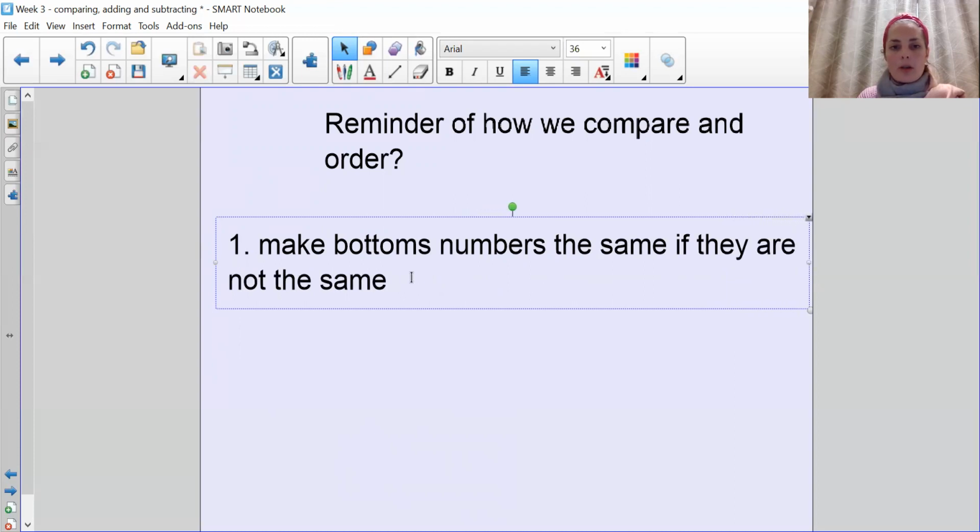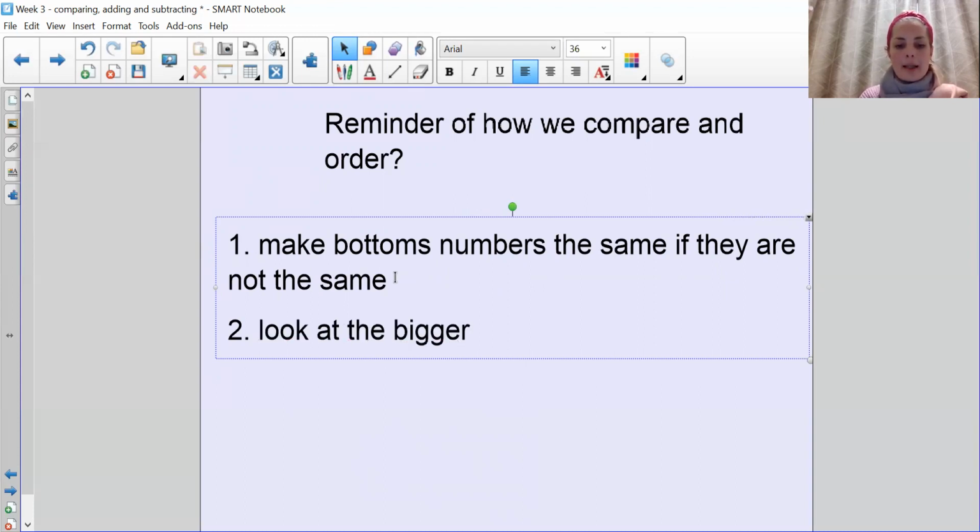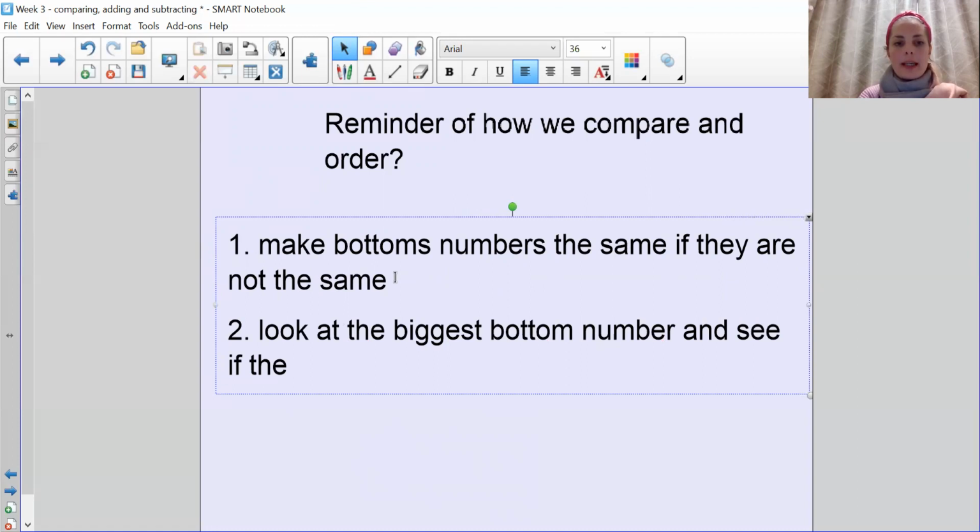Right. So first of all, once you have changed the bottom numbers, look at the biggest bottom number and see if the other numbers can go into that number.